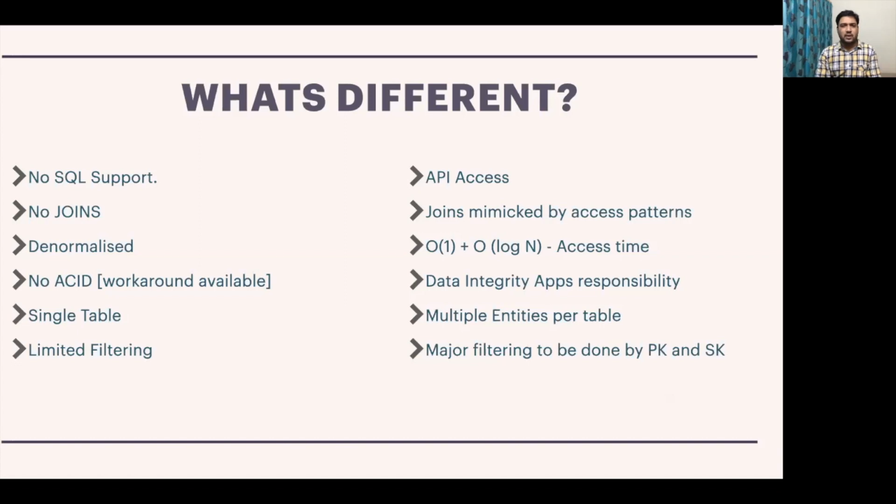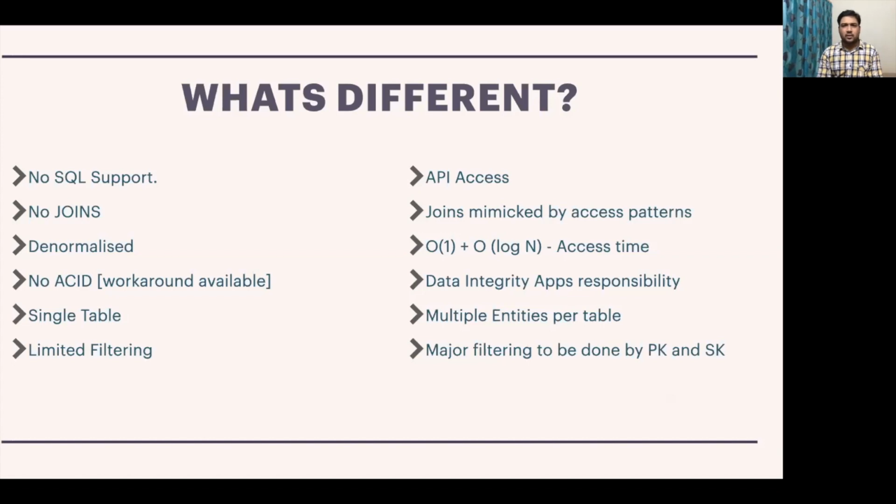Since it is built for scale and join is an operation which takes up a lot of CPU, they have eliminated joins altogether. It also means that you need to heavily denormalize your database when you are using DynamoDB. There is even no ACID support. There is a workaround available, but it cannot be called a fully ACID compatible database, in my personal opinion.